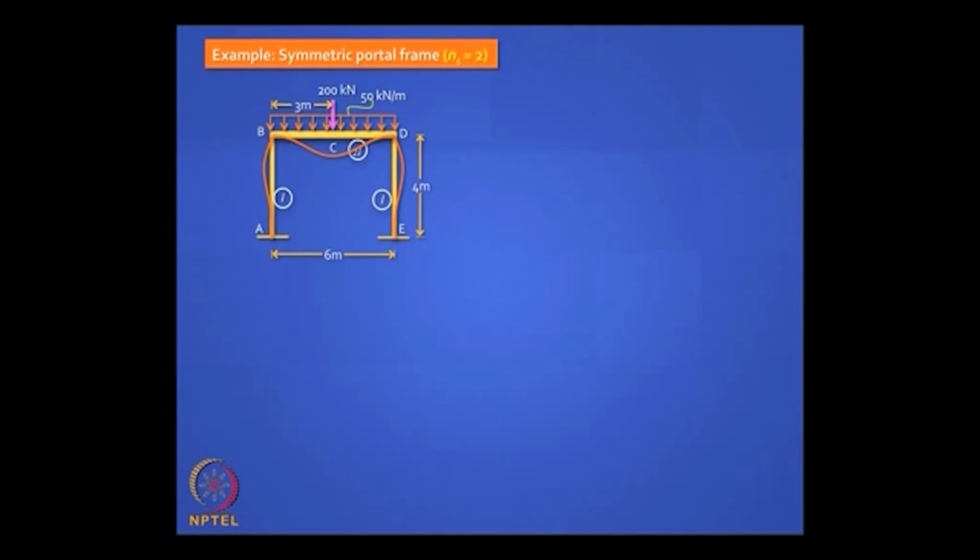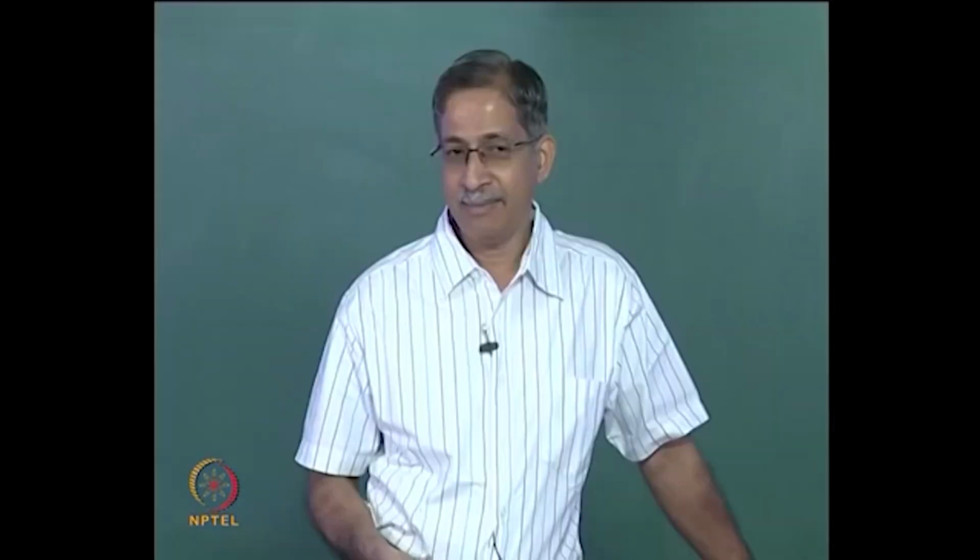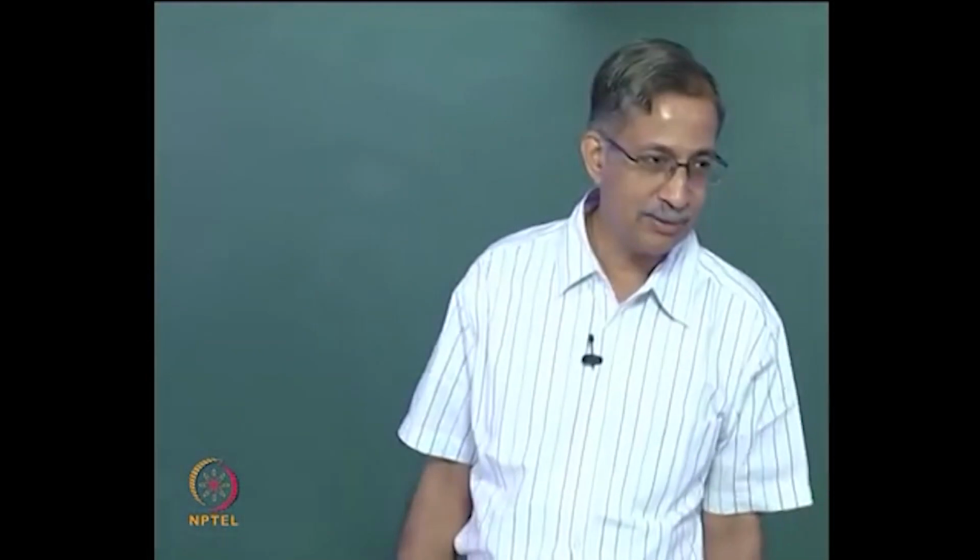What is the total load? 200 kilonewton plus 15 times 20, that's 350, 15 times 10, that's 500 total, divided by 2 is 250, 250. Vertical reactions are determinate, but your horizontal reactions are not, and your moments are not, but they are equal and opposite. So you have only two unknowns, right.